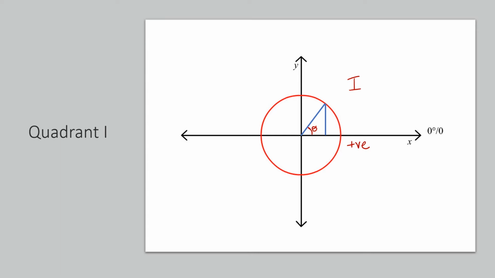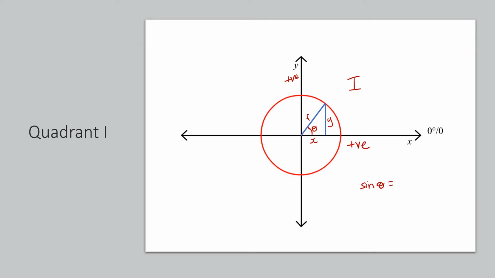This part of your y-axis has all the positive numbers. And the length of this line here is the radius of the circle. Now, if you remember Pythagoras' theorem, the length of the radius is found by squaring each side, so the radius will always be positive.